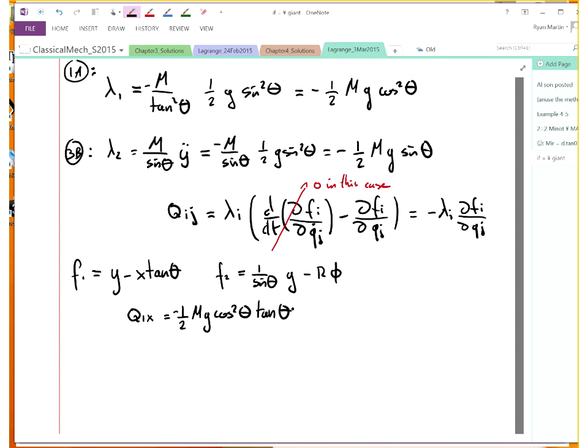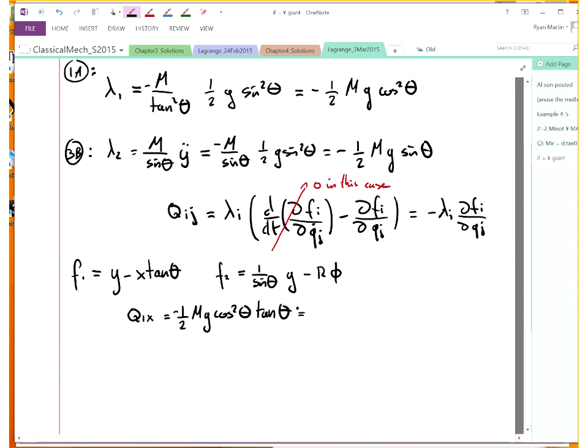I have a mistake in the notes, because I don't think it's a positive term, but lambda 1 really is negative, and the derivative of y minus x tan theta with respect to x is negative. Correct me if I'm wrong, but I think it should be overall a minus sign, and it's wrong in the notes.